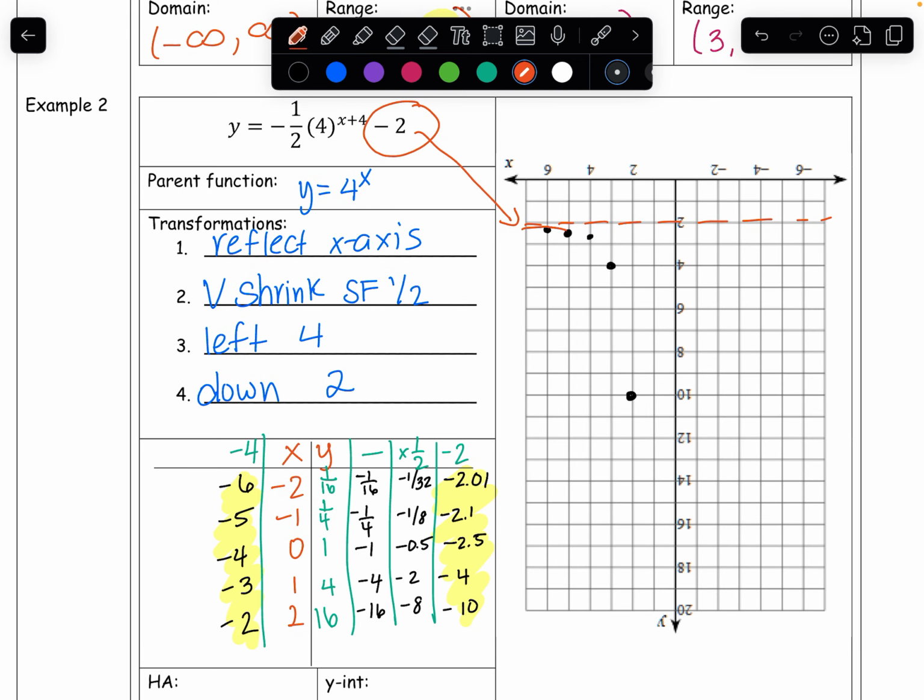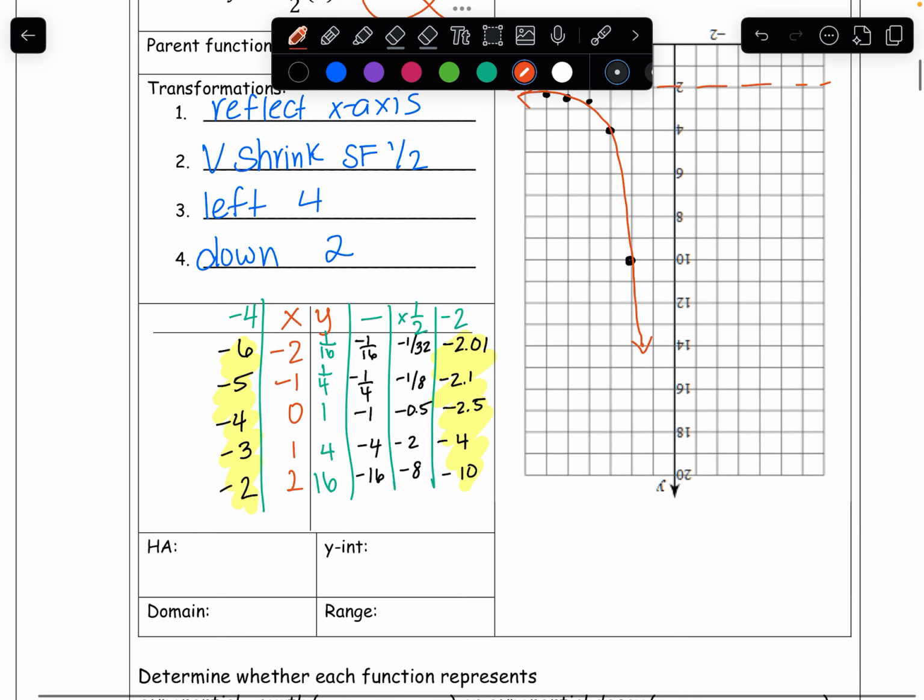And so we connect them to get this as our graph. And so our horizontal asymptote is y equals negative 2. Our domain is negative infinity to infinity. Our range, because of that reflection, is negative infinity to our asymptote, which is negative 2. Make sure we have a parenthesis on our range.